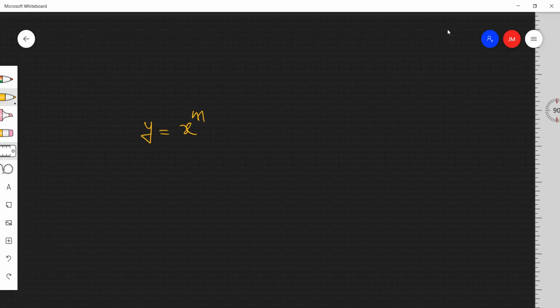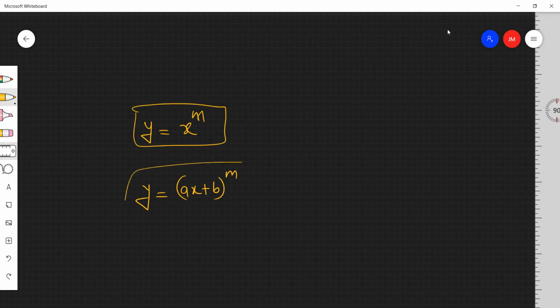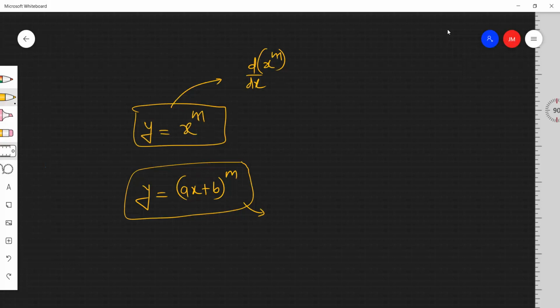Then I solved for you the nth order derivative of (ax plus b) raised to m. The only difference that you found was when you differentiated this with respect to x, it was d by dx of x raised to m. But when you were differentiating this every time, it was d by dx of (ax plus b) raised to m.